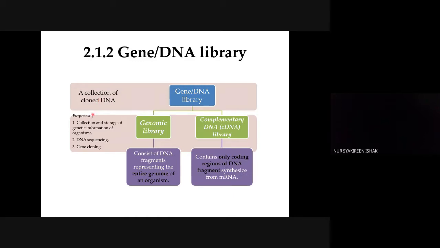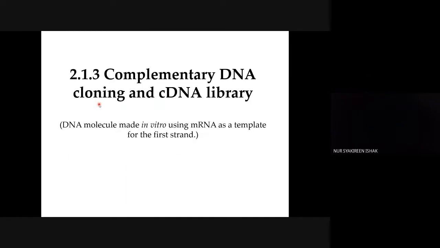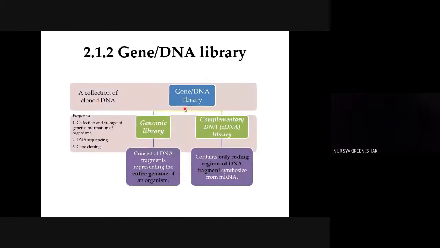Alright? So gene or DNA library. So it is a collection of clone DNA. So it has all the sequence of human genome. For example, kalau kita tengok genome library untuk human lah kan. So the purpose is number one, collection and storage of genetic information of organisms.